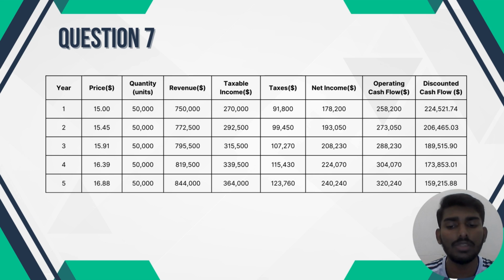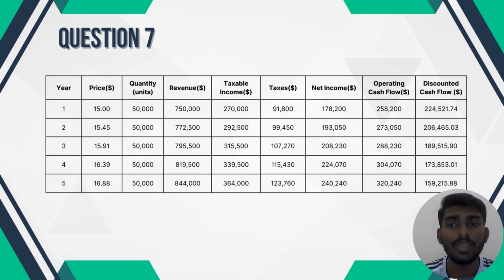The price of wallets starts at $15 in the first year and increases by 3% each year. For the second year, the price is 15.45, the third year is 15.91, the fourth year is 16.39, the fifth year is 16.88. The quantity remains the same for all years, so 50,000. The revenue is calculated by price times quantity.